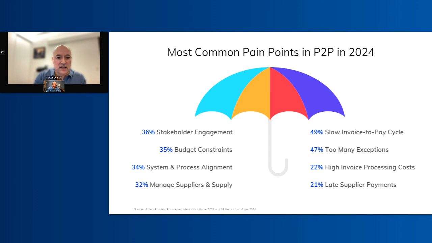I look at stakeholder engagement, system and process alignment, managing suppliers. I see a lot of need to collaborate between stakeholders, suppliers, and systems. And then on the AP side, slow invoice to pay, too many exceptions, high invoice processing costs.